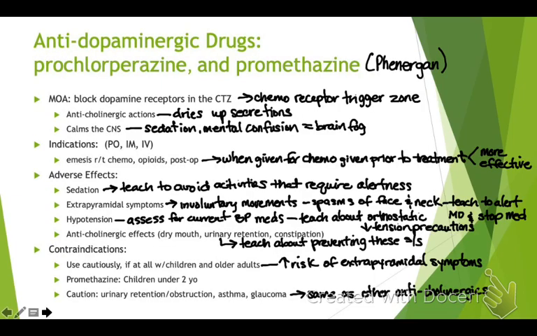So your anti-dopaminergic drugs are going to be your prochlorperazine and your promethazine, which is your Phenergan. The way that these work is that they block your dopamine receptors in your chemoreceptor trigger zone.